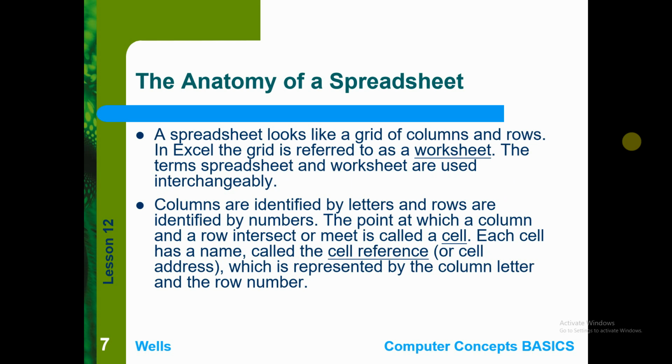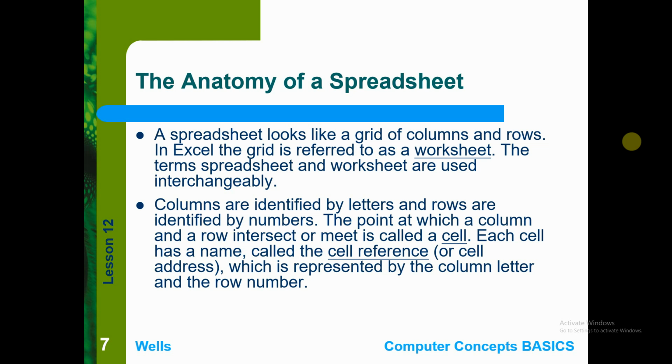So when you look at a spreadsheet, it looks like just a grid of rows and columns, blocks with lines. So the grid is referred to as your worksheet, and they are used interchangeably depending on priority.